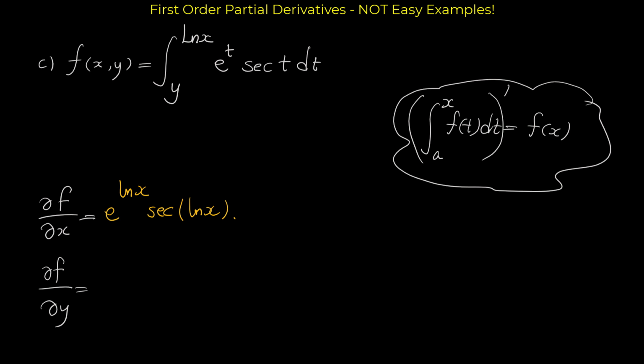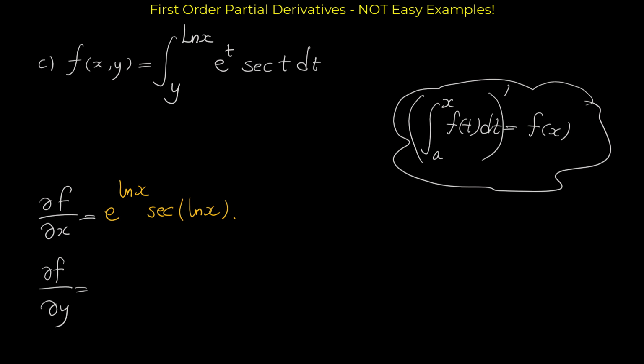But attention, in the fundamental theorem of calculus, the upper bound is only x. Here we have something other than x, it's ln of x. So you have to apply the chain rule also. Based on the chain rule, we have to multiply this answer by the derivative of the upper bound, the derivative of ln of x.